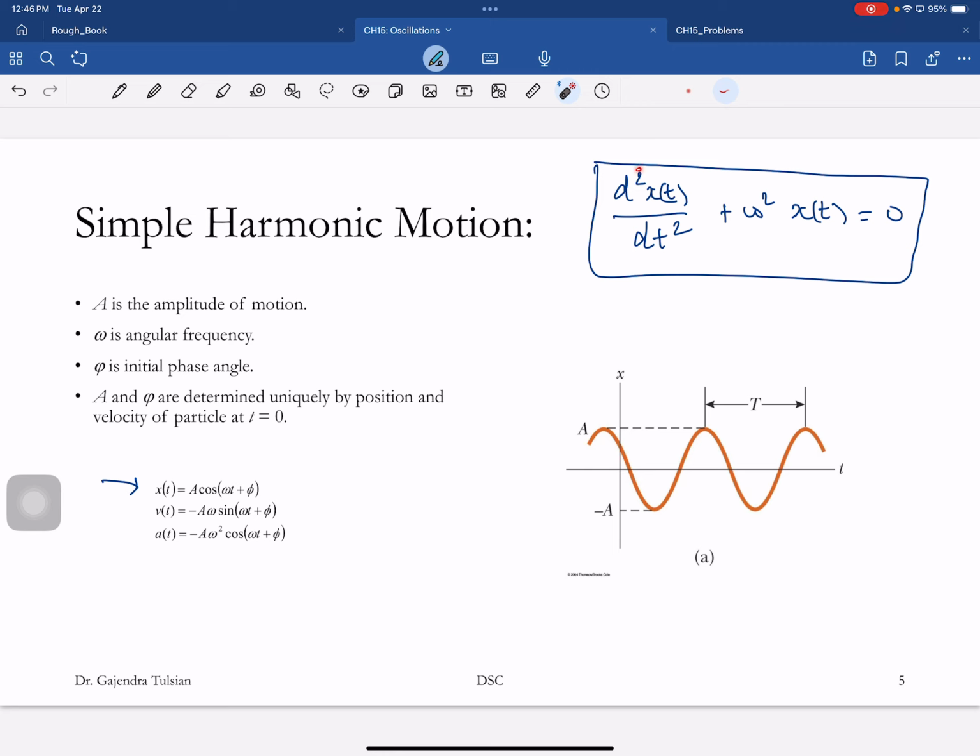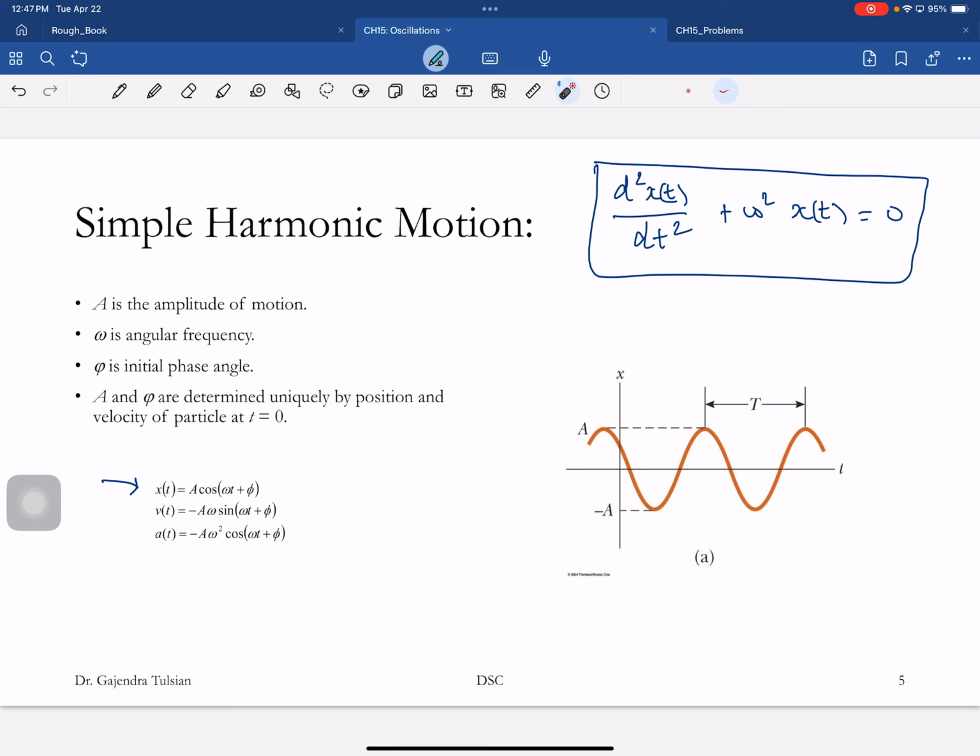If you have a third order differential equation, how many constants will you have? Three. All right. If you have a fifth order differential equation, 5. All right. This is called a linear differential equation. Okay. So this is the order of the derivative, and every term is linear.